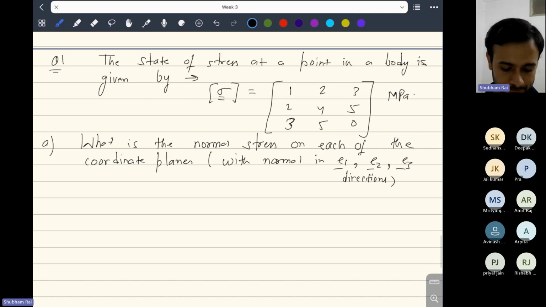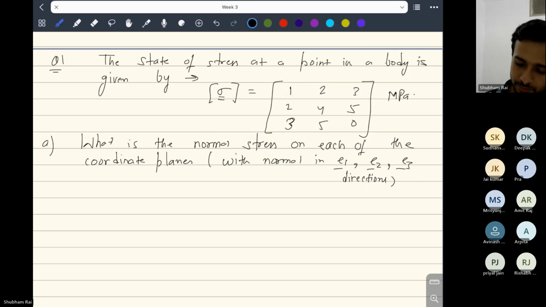How will you find that? So you see here, I told you that this first column represents the traction vector on a plane having plane normal E1. So out of that, this is the normal component on that plane, and these two are shear components. So on a plane having plane normal E1, the normal component of the traction will be 1, right?